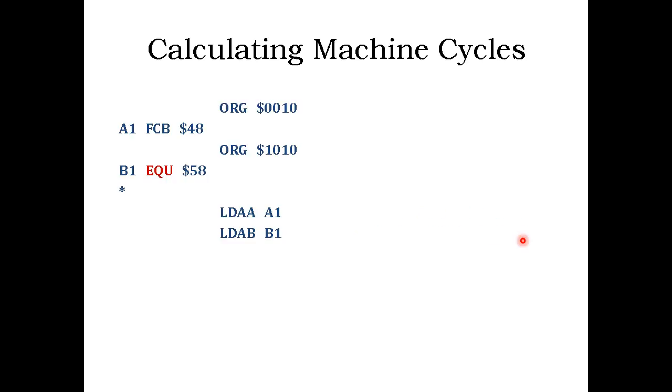Let me show you an even more exciting one. Let's say I have EQU instead of FCB. What happens now, for the same lines of code? Do you see the change? Because even when you are writing EQU, every single time you write B1, that will be replaced by the value of B1, not by the address. So the value of B1 is actually 58. Now this becomes 3 cycles.